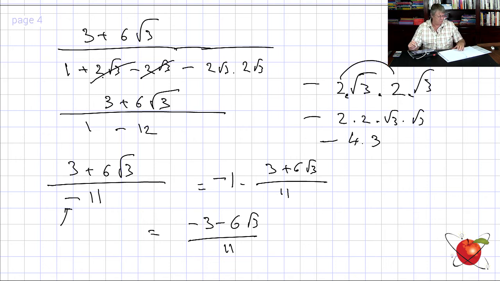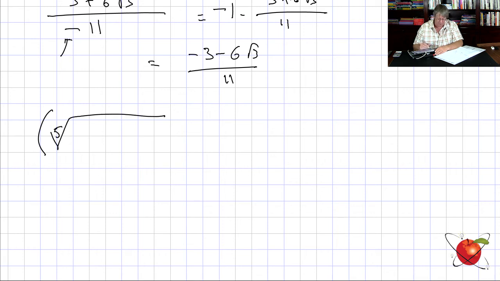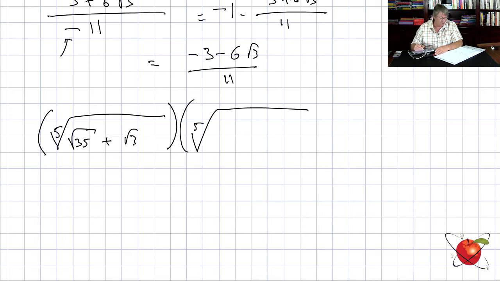Okay. Right, let's have a look at this. This was an old exam question. This is a multiply out thingy. This is the fifth root of root 35 plus root 3, multiplied by the fifth root of root 35 minus root 3.